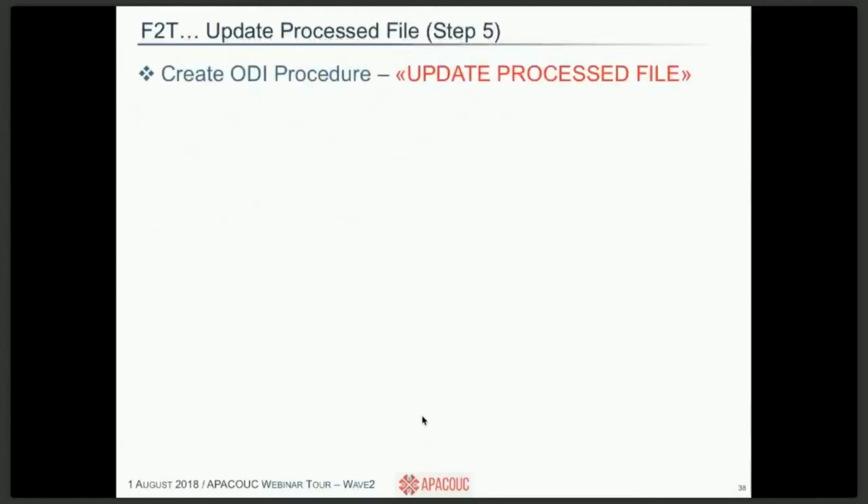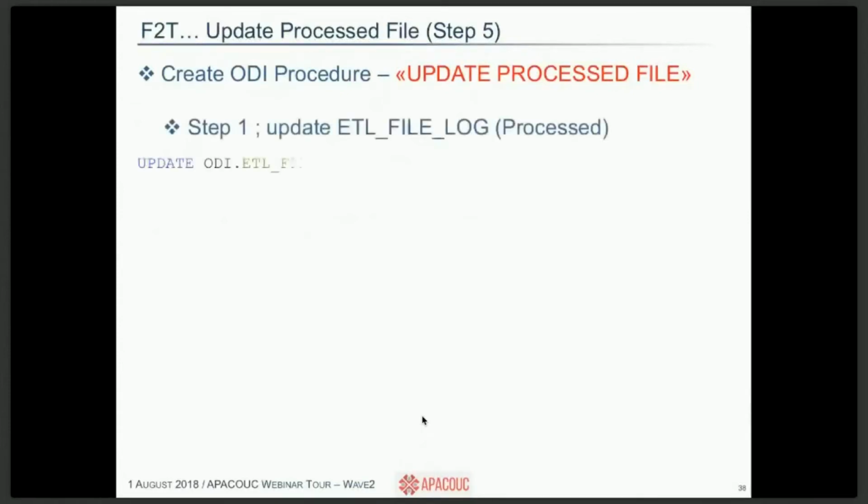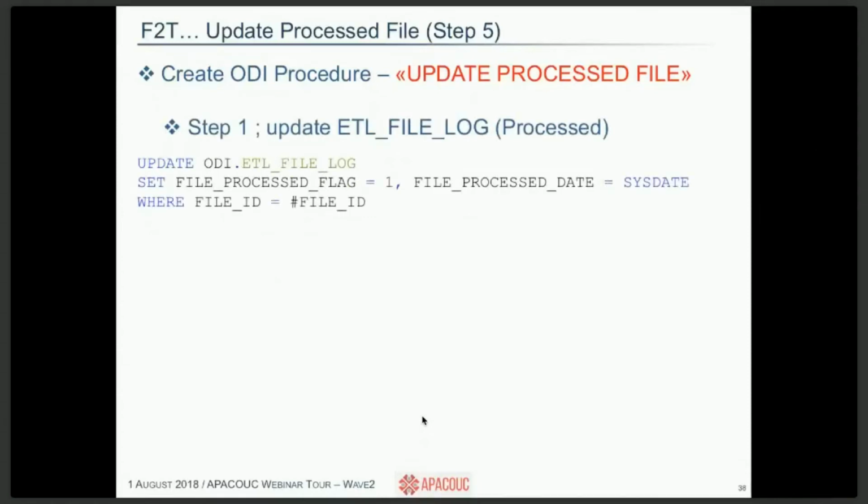If the file is successfully processed, that means all the data in the file is loaded into the table, just update the ETL file log with the file processed flag equal to 1.